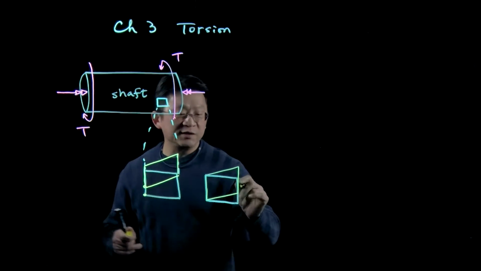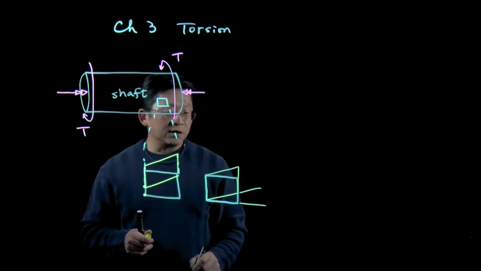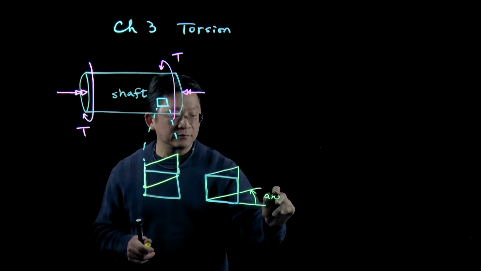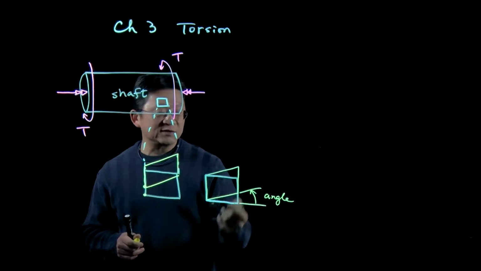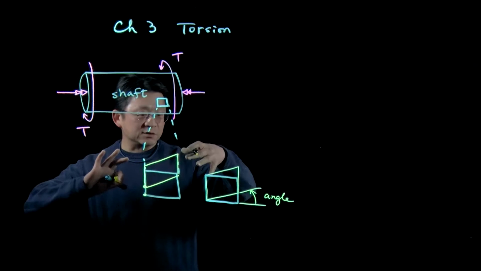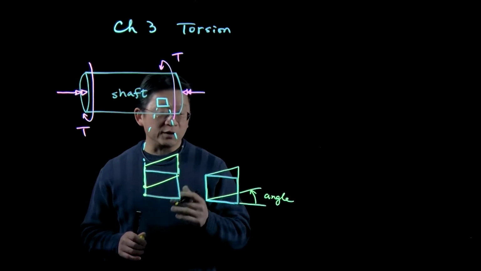From here you can clearly see the deformation of the shaft can be described by this angle, the change in angle of one side. That is the response of the shaft to this type of loading, which is torsion.